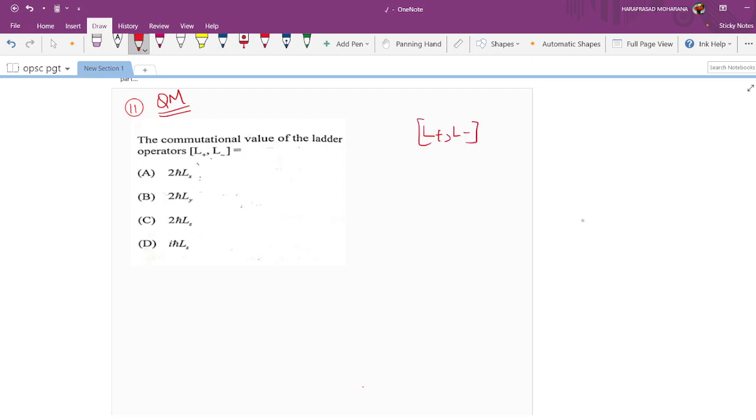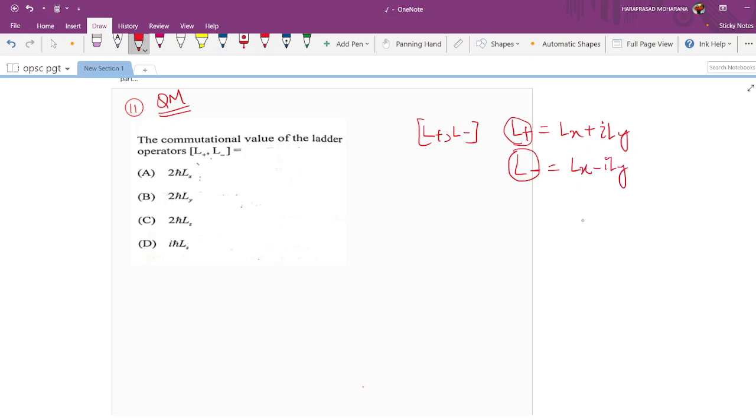We have to know what L plus is. L plus could be written as Lx plus i Ly. Similarly, L minus, these are the ladder operators of angular momentum, and L minus can be written as Lx minus i Ly.